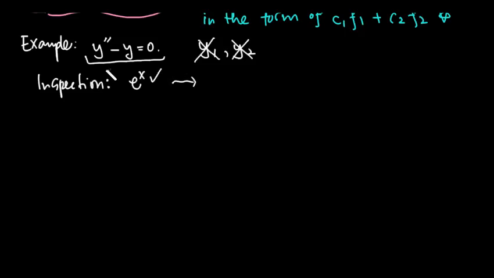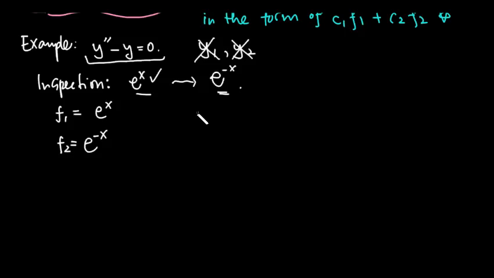That takes some more time to figure out. Actually, if you play with e to the negative x, if you differentiate two times, the negatives multiplied by each other become positive 1. So we found these two functions. As long as they're linearly independent, these are the two important functions. So we're going to write f1 as e to the x there, and f2 as e to the negative x.